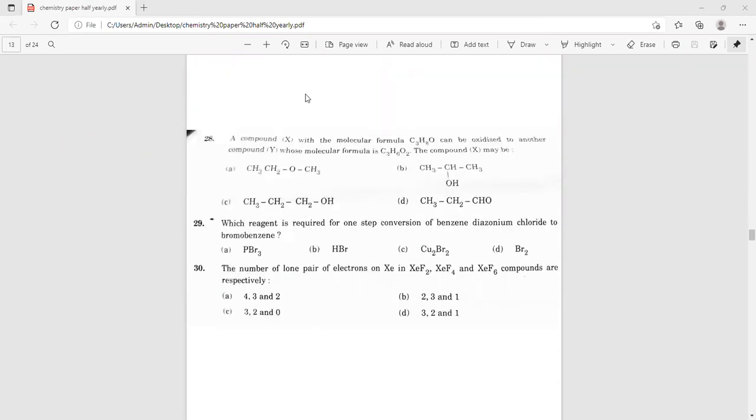Question number 28 is: a compound X with the molecular formula C3H8O can be oxidized to another compound whose molecular formula is C3H6O2.